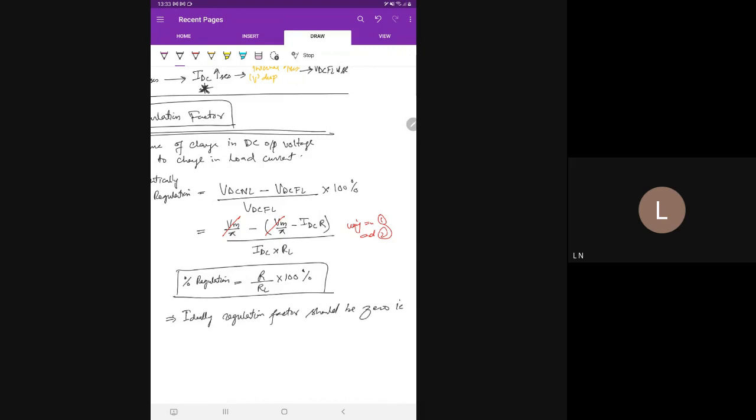That is, DC output voltage should not change with change in load current. So ideally, regulation factor should be 0.